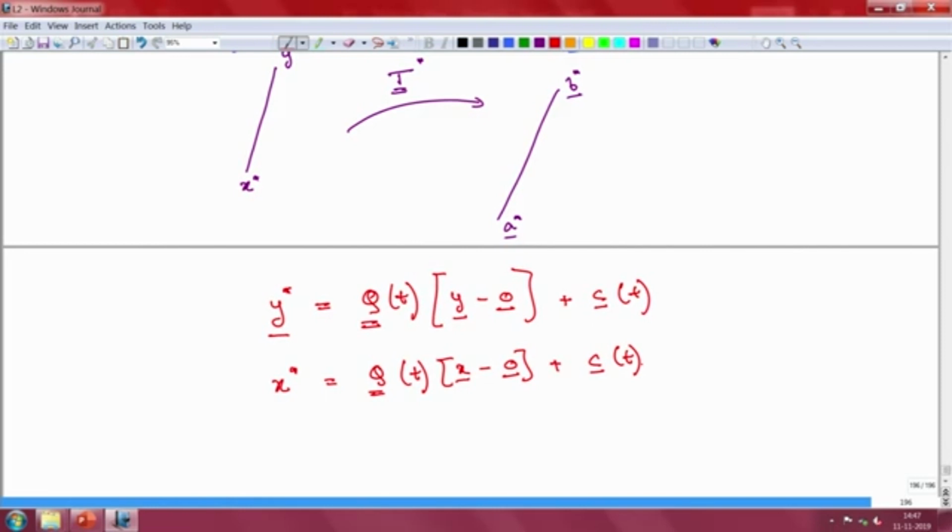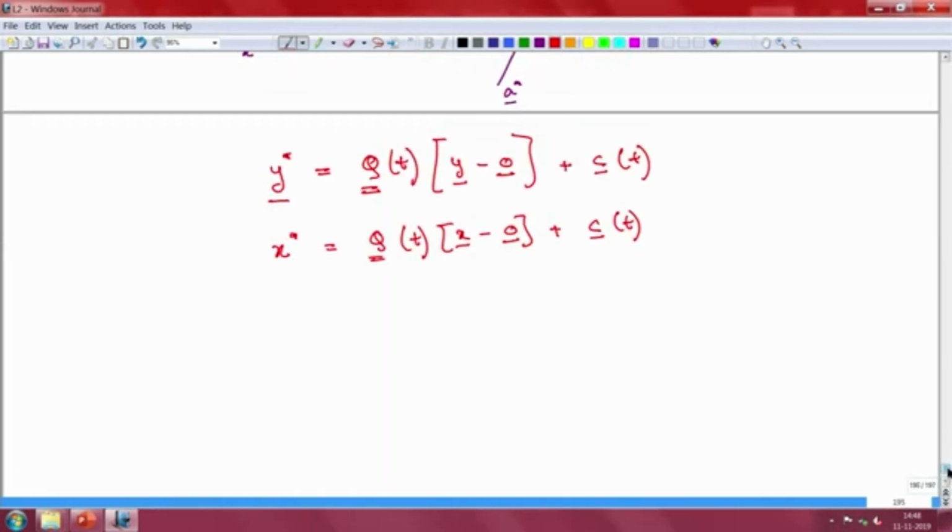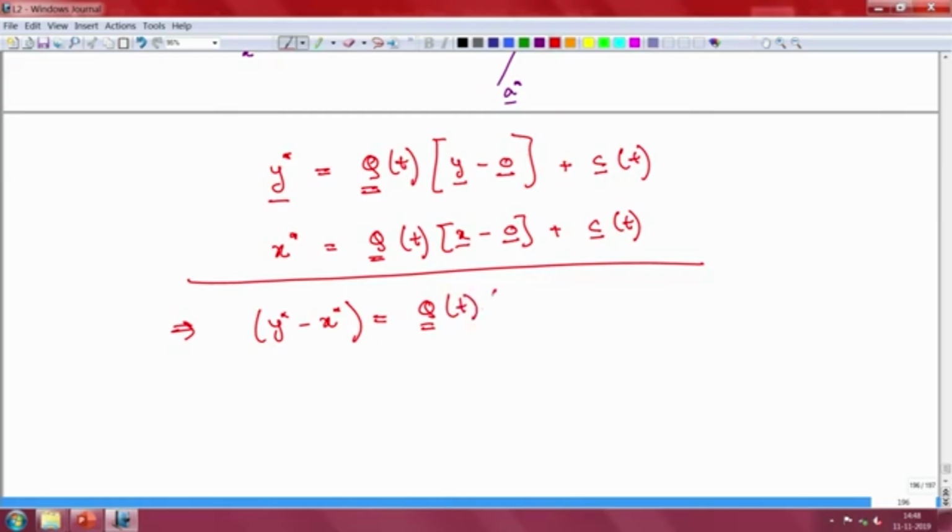So, we are already just writing down the expressions that we had agreed upon earlier. This is the same as the expression that we had previously written. We are just going through that exercise one more time. So, similarly, your b star minus a star will be q times of b minus a, and this represents now the transformed quantity.